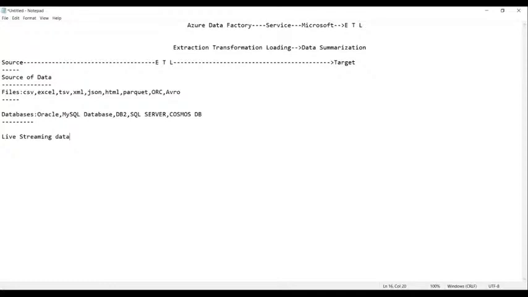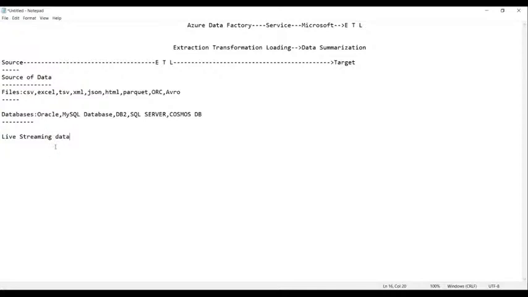Or take a live cricket match, which we always see. The score changes every minute or every couple of minutes. Likewise, constantly changing live data is nothing but live streaming data. The data which streams live is called live streaming data.